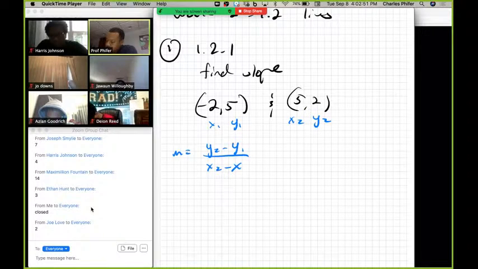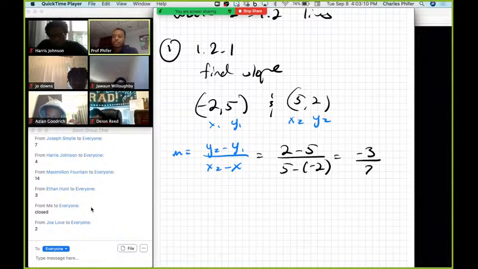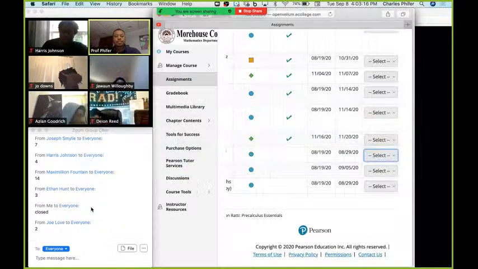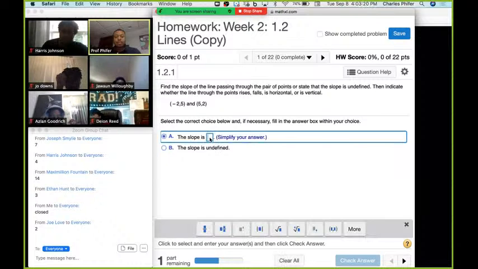So then it should be 2 minus 5 over 5 minus a negative 2. Negative 3 over 7, I think it is. All right, we're going to go with that answer. So the slope we got is negative 3 by 7.